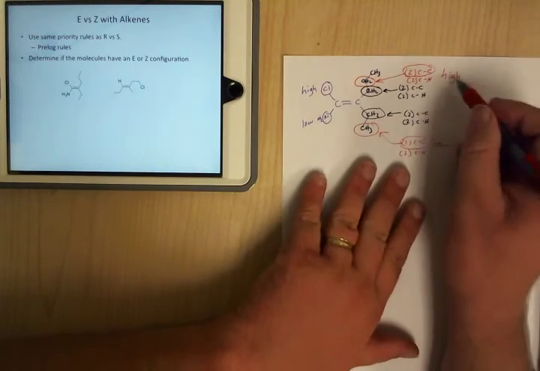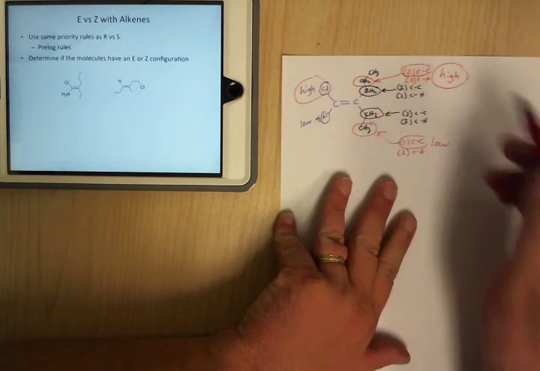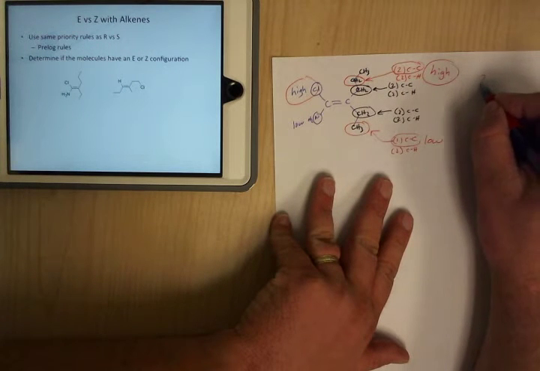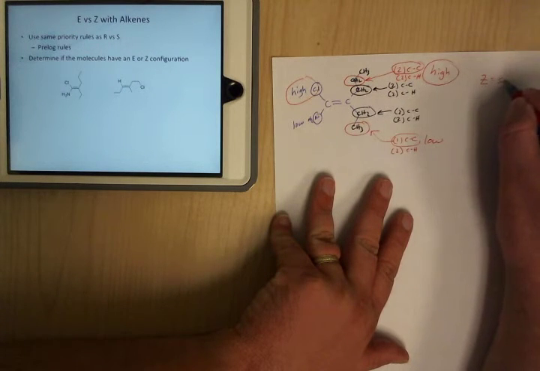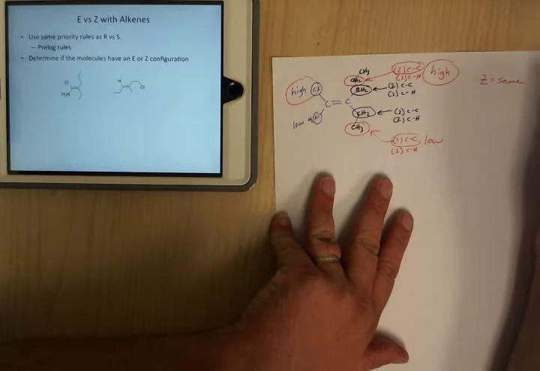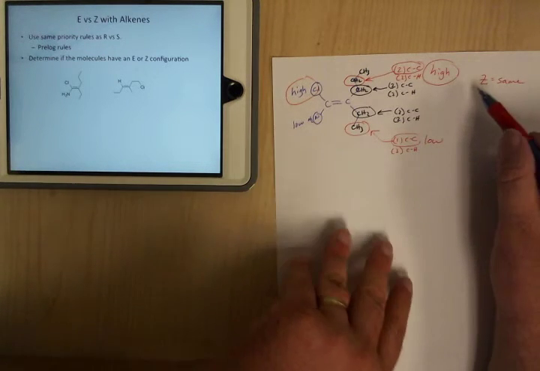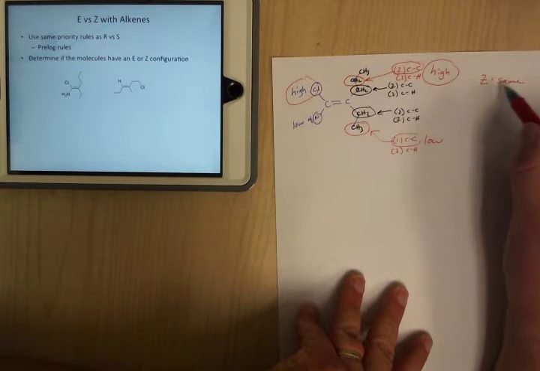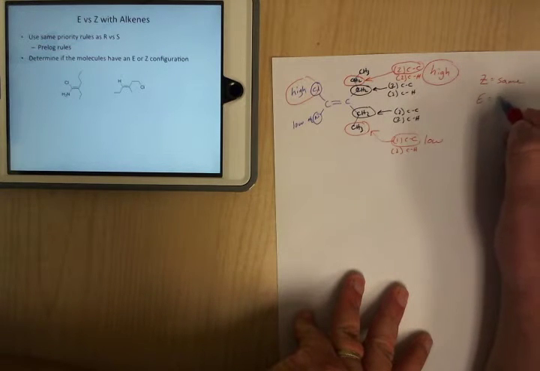Okay, so the highs are on the same side. If it's Z, it's on the same side. You can do your best bad German accent: it's on Z's same side. And then E is opposite.